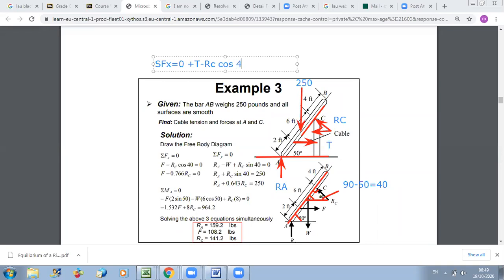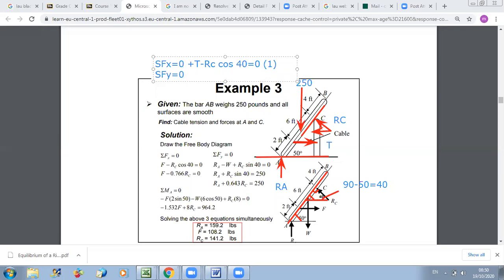This is my first equation, and it involves two unknowns. So this is equation number 1. Now I move to the second equation. The second equation is sum of Fy equals 0. What do I have along the y direction?